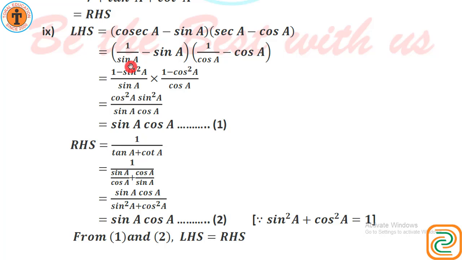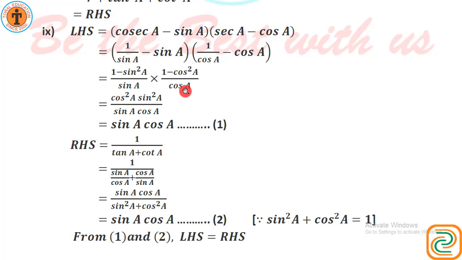Cosec A means 1 upon sin A, minus sin A. Sec A means 1 upon cos A, minus cos A. Okay. Now we are taking LCM. Sin into sin, sin square A. 1 minus sin square A upon sin A, into 1 minus cos square A upon cos A.